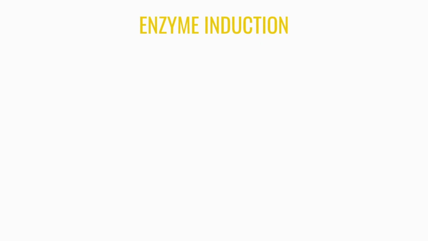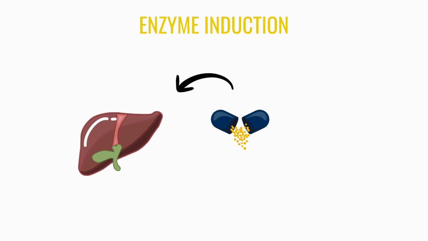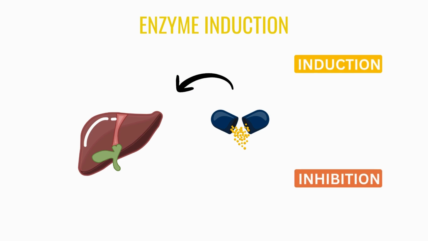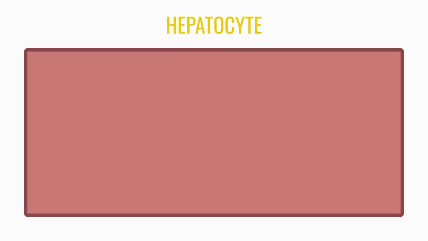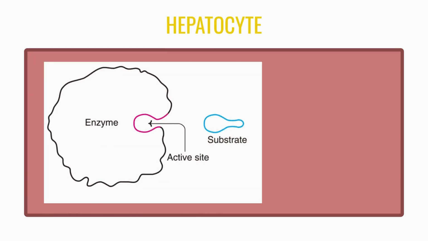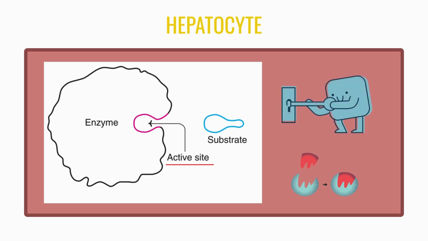This whole concept of drug metabolism occurs in the liver, right? So, all this enzyme induction and inhibition occurs in the liver. Remember that. Let's take a single liver cell, which is also called a hepatocyte. Inside this liver cell, we have enzymes. These enzymes have active sites where a drug or chemical binds perfectly, like a key into a lock.